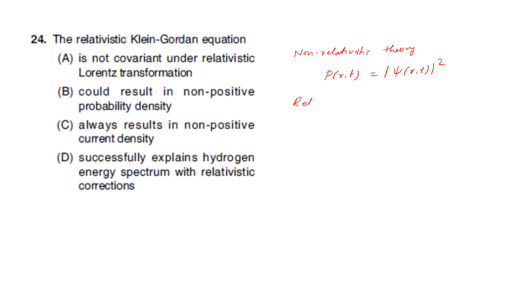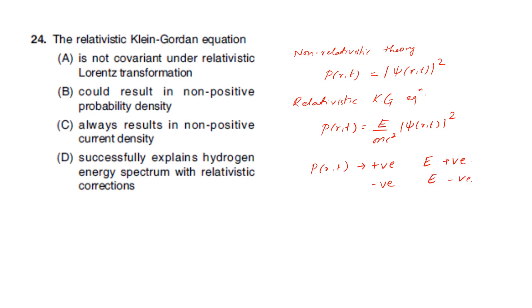Then the relativistic Klein-Gordon equation gives P of r,t as E upon mc square into psi of r,t square. That means P of r,t is positive when E is positive and it is negative when E is negative. Therefore, it can result in non-positive probability density. Therefore, option B is correct.